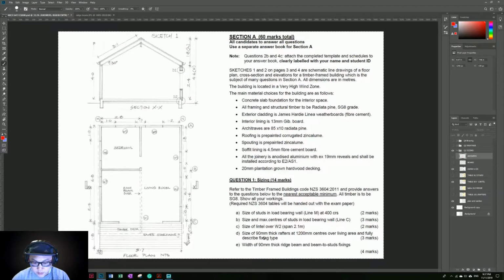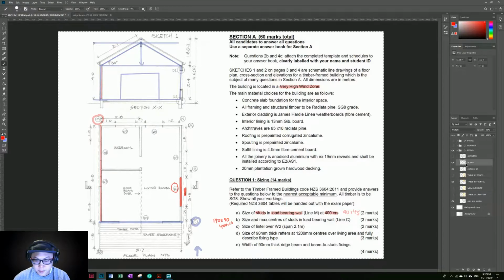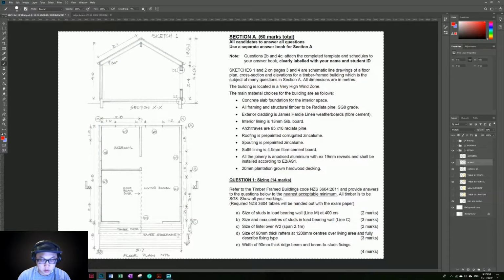Now the size of 90mm thick rafters at 1200 centers over the living area, and fully describe the fixing type. The living area is this spot here. Now look at the section.